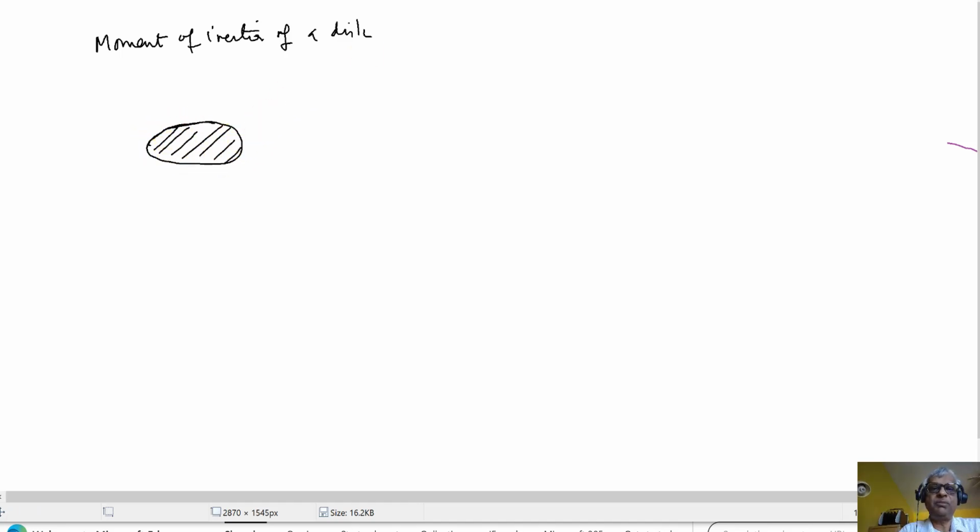So what are the principal axes? Well, from symmetry, there will be one perpendicular to the disk, which we call the z-axis, and then the other two in these directions, x and y.